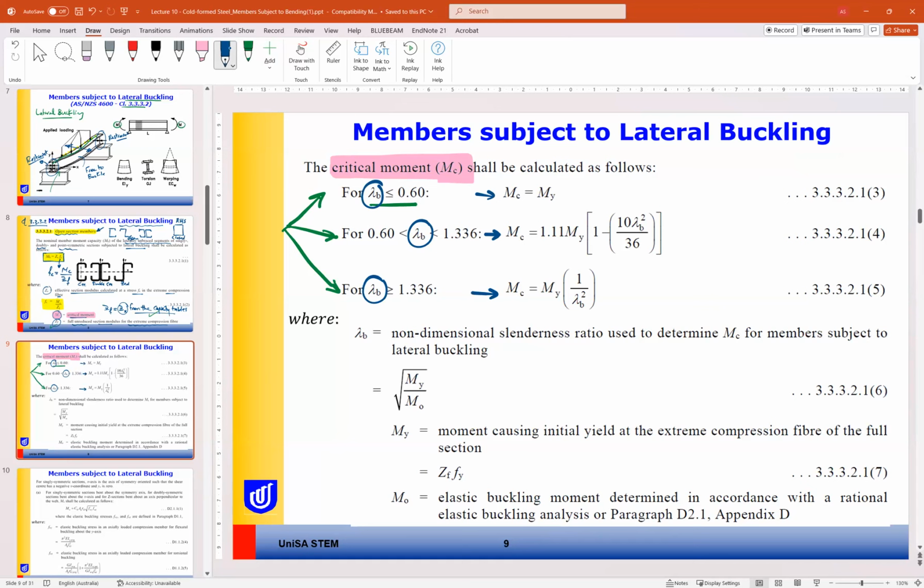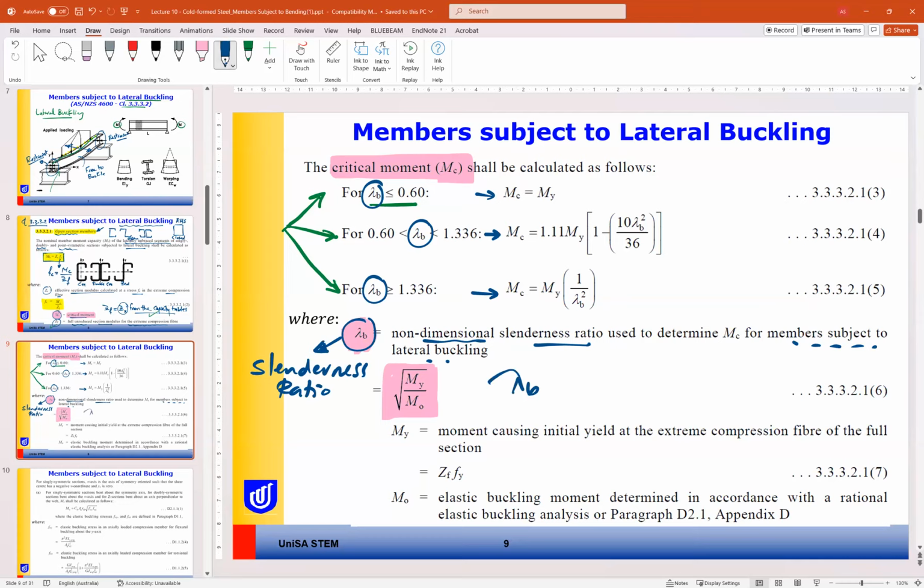Okay, so lambda b is the non-dimensional slenderness ratio. So in all our calculations in hot rolled and cold formed steel, lambda is slenderness ratio. It is used to determine MC for members subjected to lateral buckling. What is the formula for lambda b? Lambda b is using this formula.